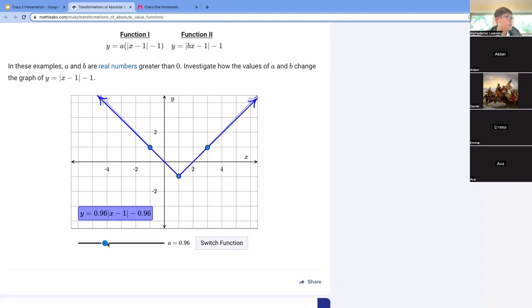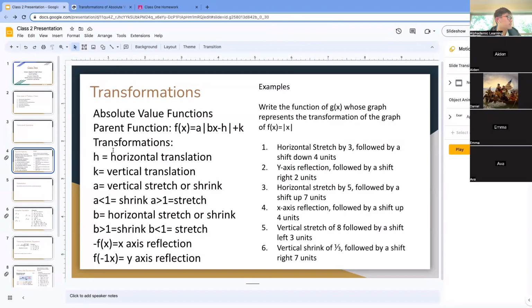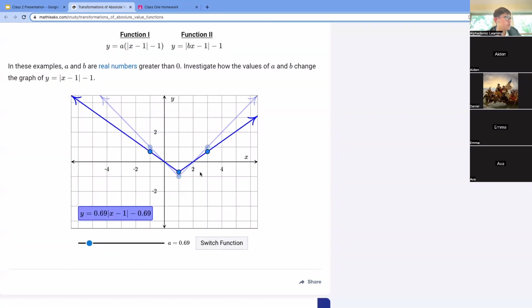This is basically what the vertical stretch or shrink is referring to: how the points on the equation get stretched out or shrunken. Again, referencing back to the slide, if A is less than 1, it will shrink, and if A is greater than 1, it will stretch.